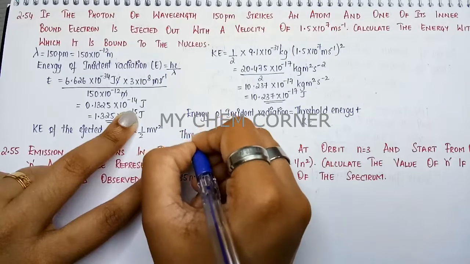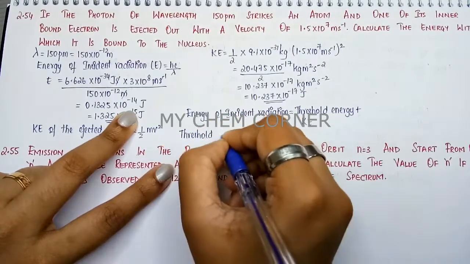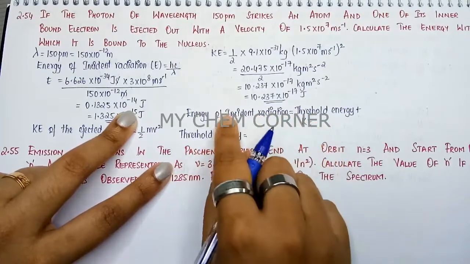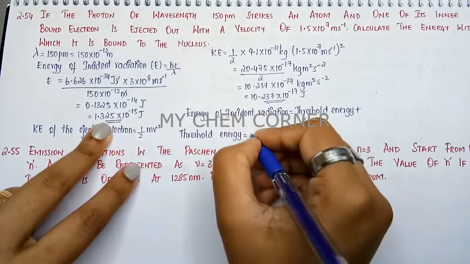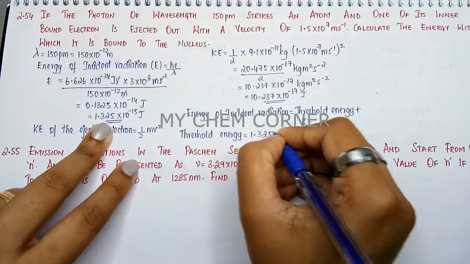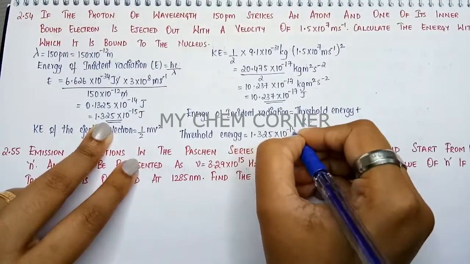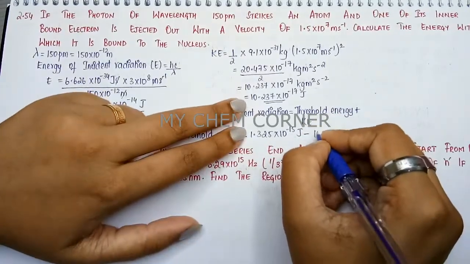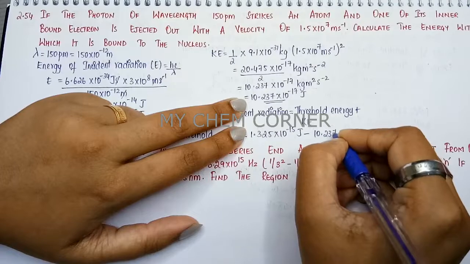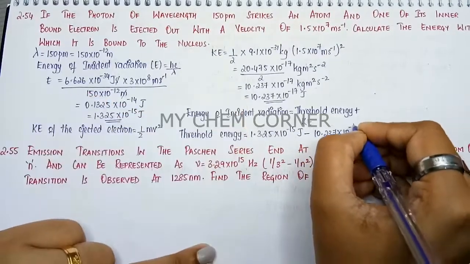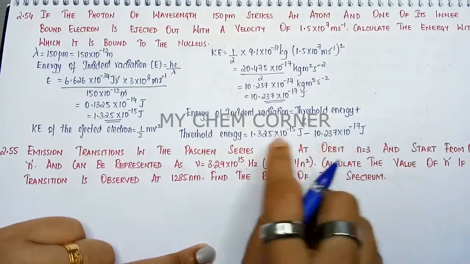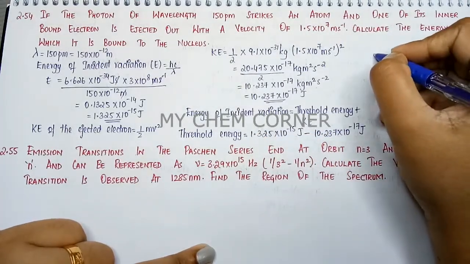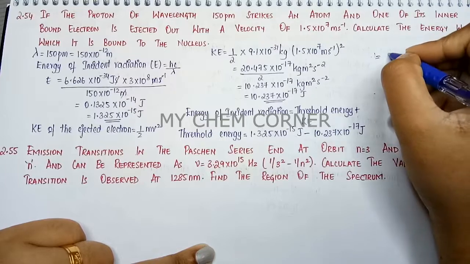So we can write threshold energy equals energy of incident radiation, that is 1.325 × 10^-15 joule, minus kinetic energy, which is 10.237 × 10^-17 joule. Subtract both of these.